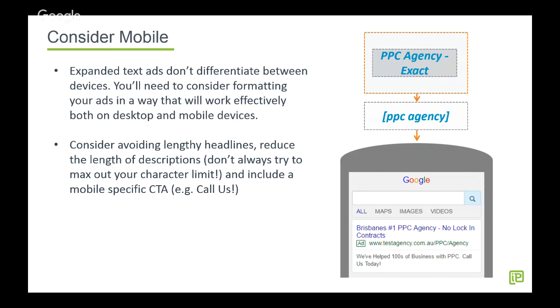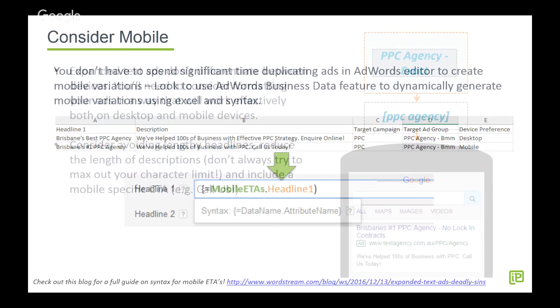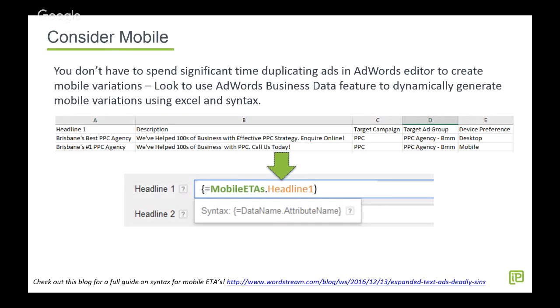But it may be better to use something like call us today, for example. Then you could support that with a call extension, and they could actually call you directly or make contact directly. But that's not to say that we need to create heaps and heaps of different ads without that ability to actually select desktop or mobile preference.